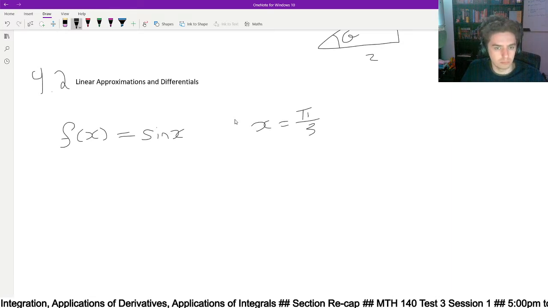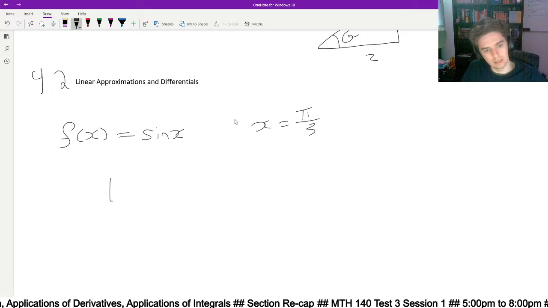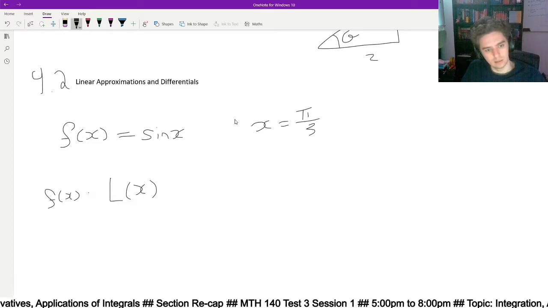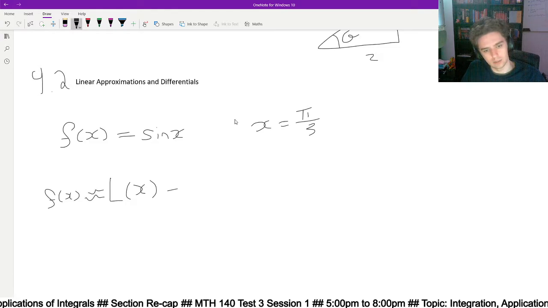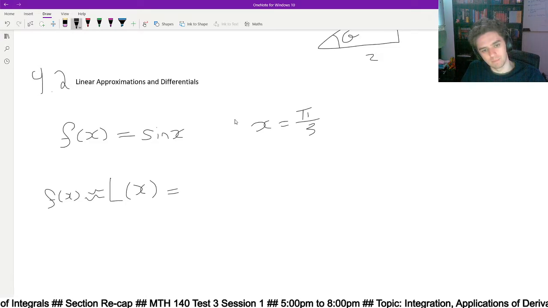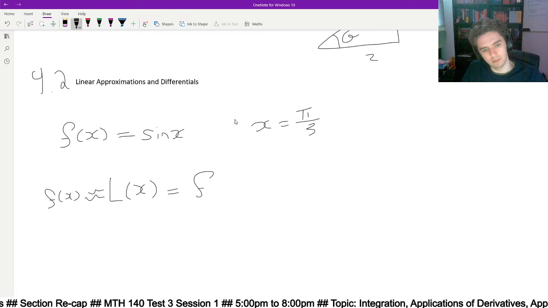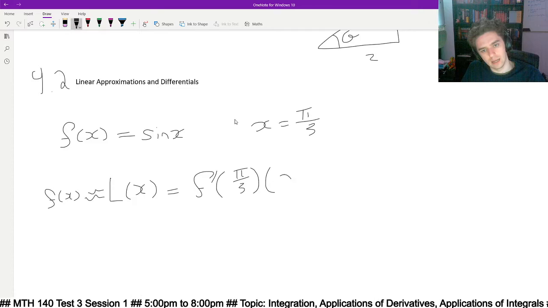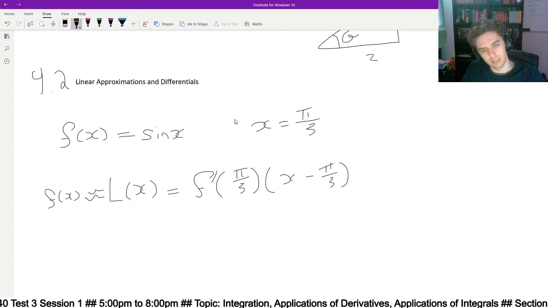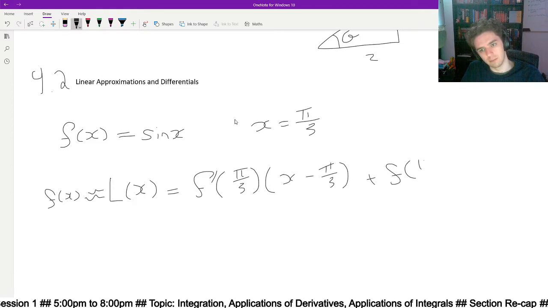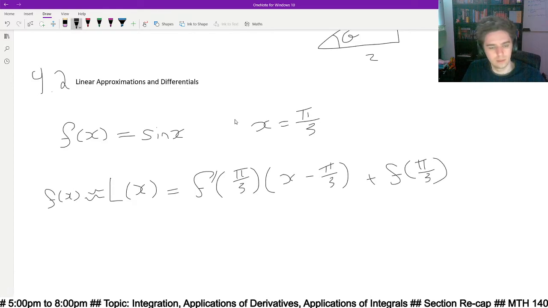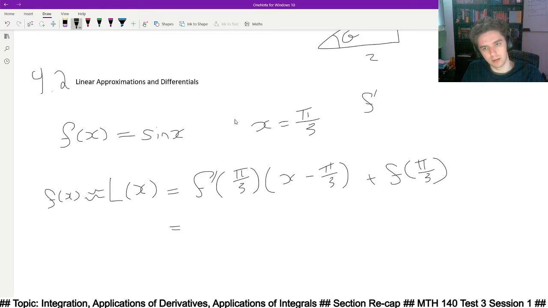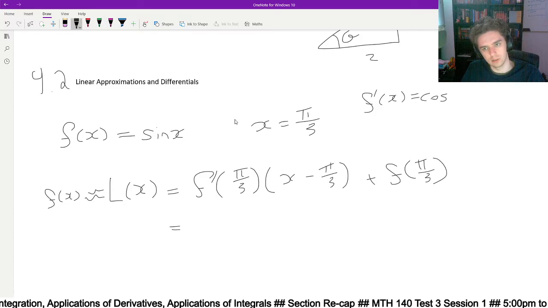So we just do the formula, right? So we say the linear approximation of x, right? So f of x is approximately equal to L of x, which is equal to f prime of pi over 3 times x minus pi over 3, plus f of pi over 3. So f prime of x equals cos x.